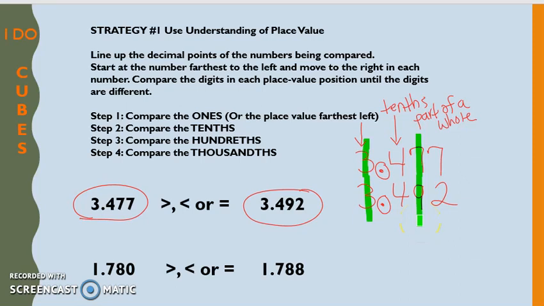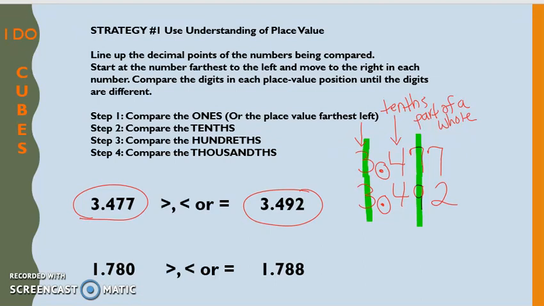And so we're going to compare this number only to the hundredths place. We don't need to go on to the thousandths place because we found the place value farthest to the right that is different. The number with the greater number in the hundredths place is the number that has the greater value.